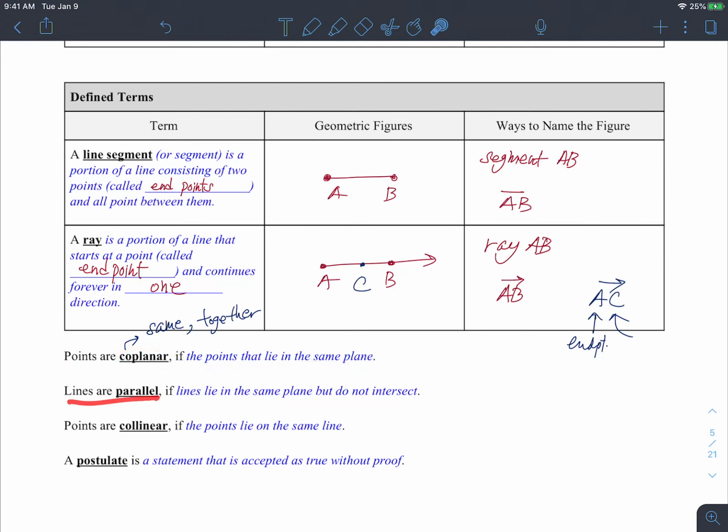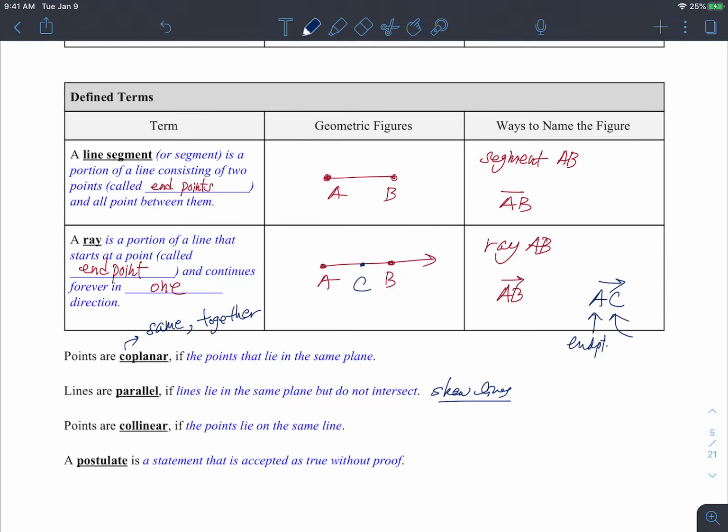Lines are parallel if two lines lie on the same plane but do not intersect. The key is same plane, because it is possible for something to not intersect but not be parallel. Can you think of what that is? It's called skew.